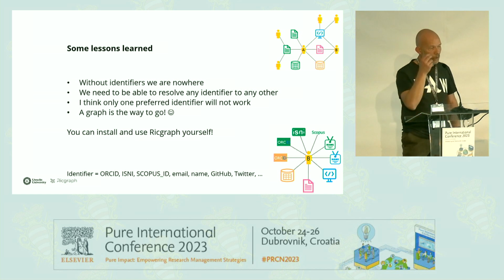Then about some lessons learned. Like I said before, without identifiers, we're nowhere. It's key, and this is an issue at our institution as well. We know we can register Scopus identifiers, ORCID identifiers in Pure as well, which would be a big help.